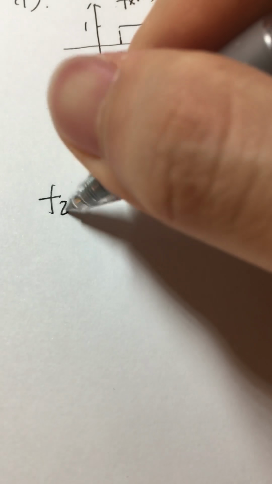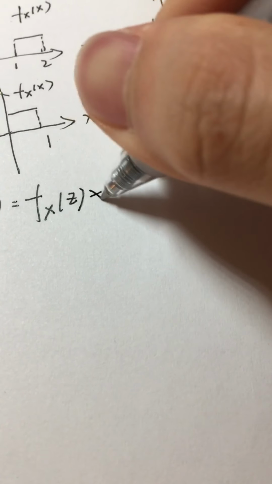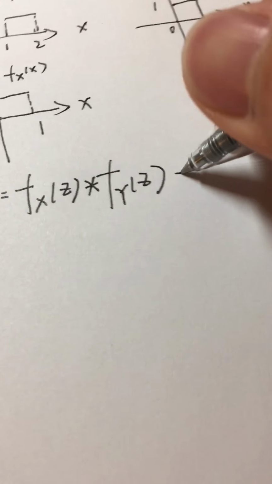So let's write f_Z(z) equal to f_X(z) convolution f_Y(z) equal to.